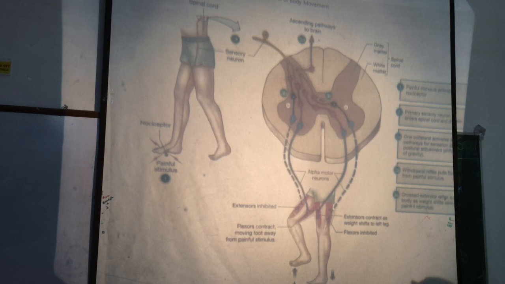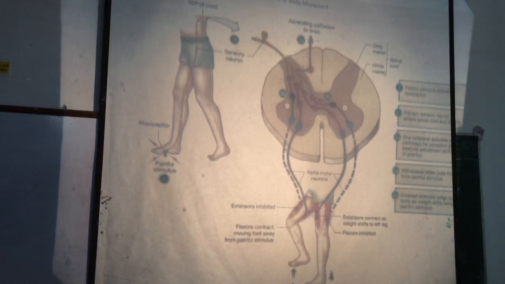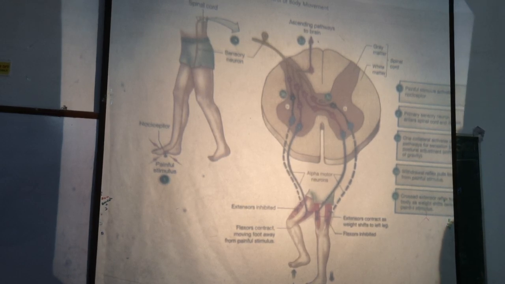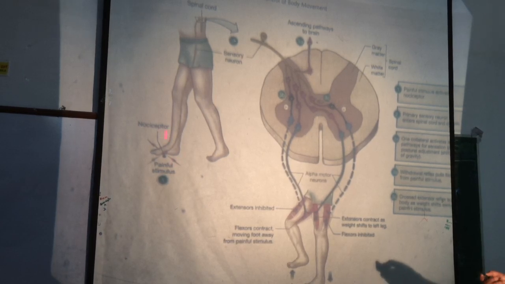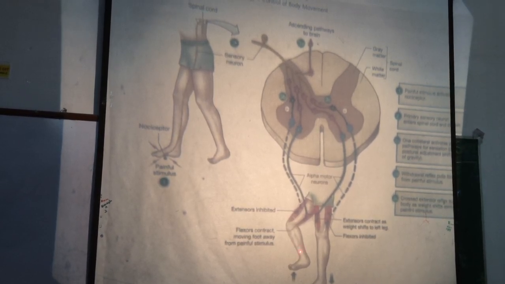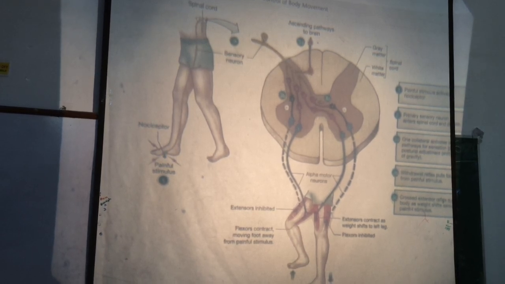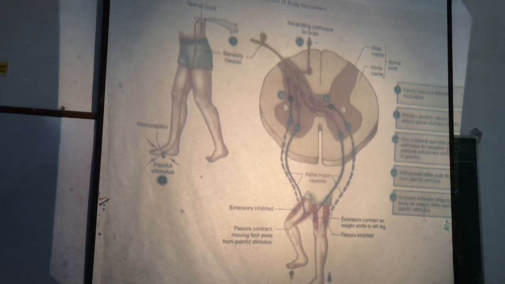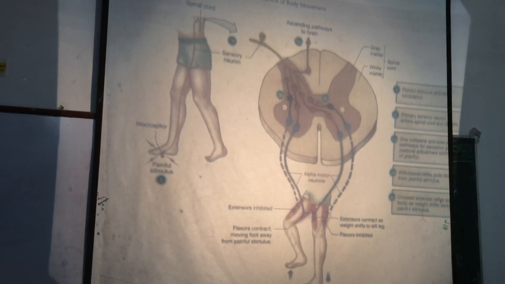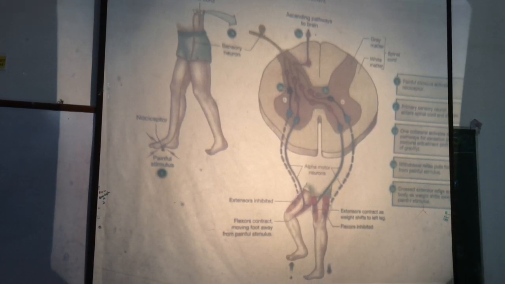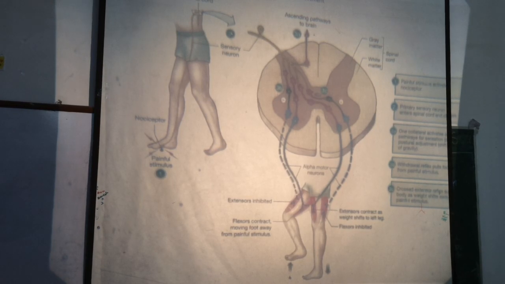So this flexion or withdrawal depends upon the intensity of the stimulus. The extent of the flexion and withdrawal of the foot and leg depends upon the intensity of the stimulus. If the stimulus is not so strong, only the foot is flexed.